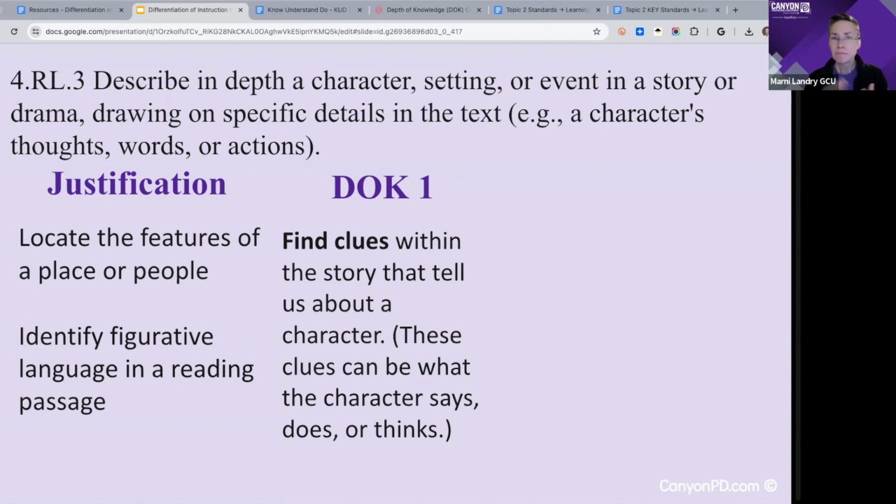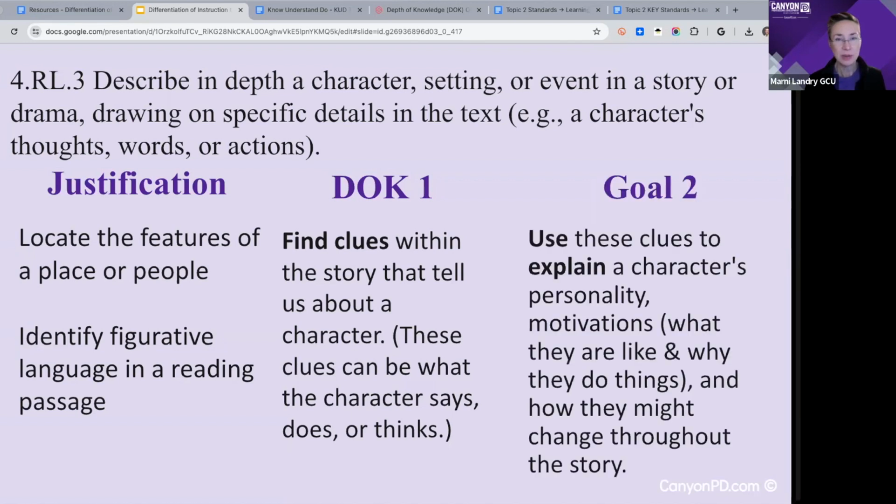So yes, they are distinct levels, but there's a lot of variables in there that can change how you might identify the DOK level. So now that I've done that for you, I'm going to ask you to pause and write a justification for the learning goal 2 that we had there, and come back when you have an answer.